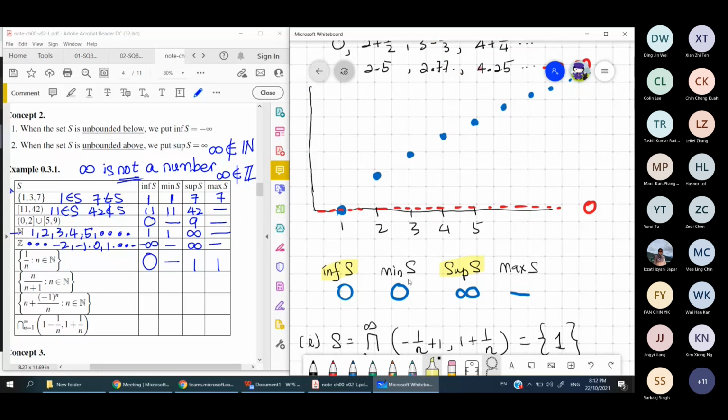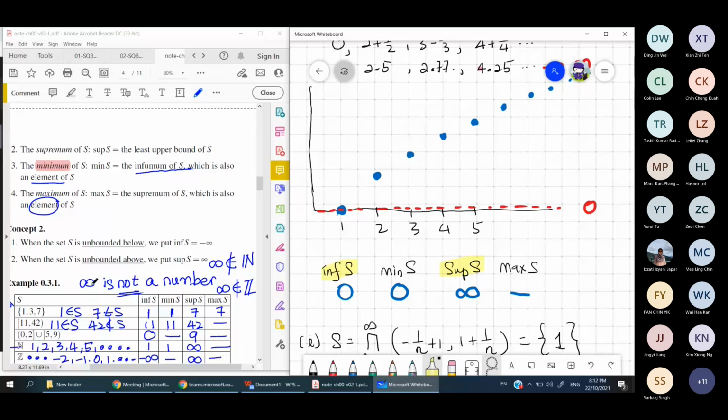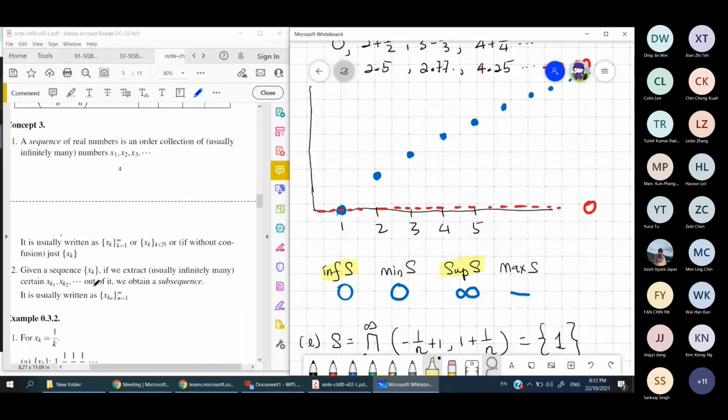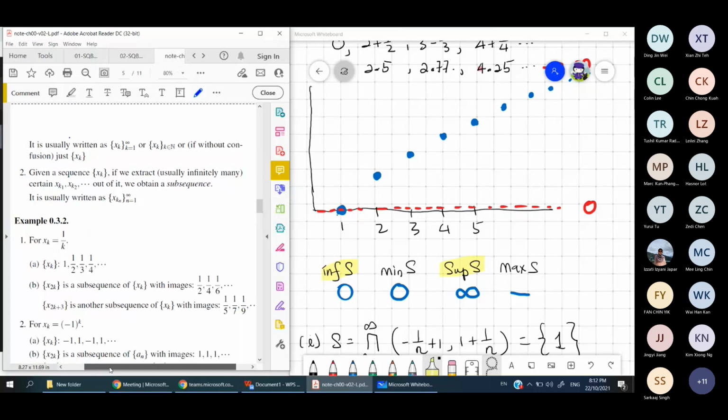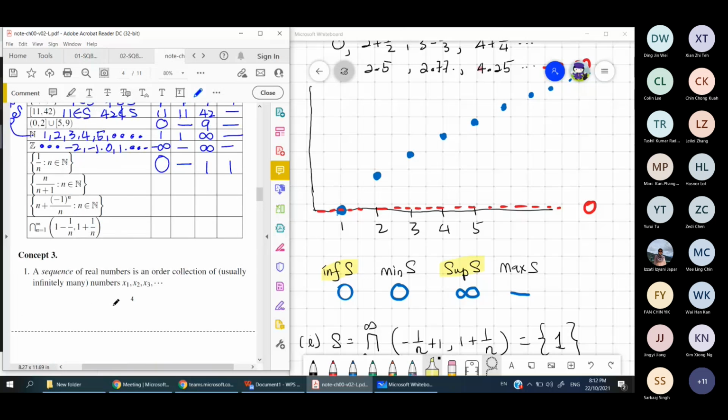And after that, you just need to look at whether it is an element inside the set S or not. If it is inside, then it is also the minimum. And if it is not inside, then it is not the minimum. Likewise, we can do the same thing for supremum and maximum. Okay, so that's the topic for infimum, supremum, maximum, and minimum.